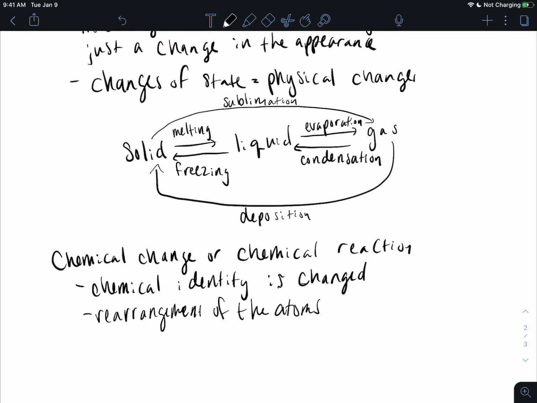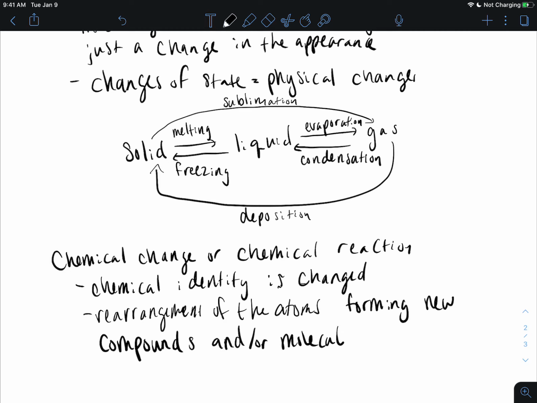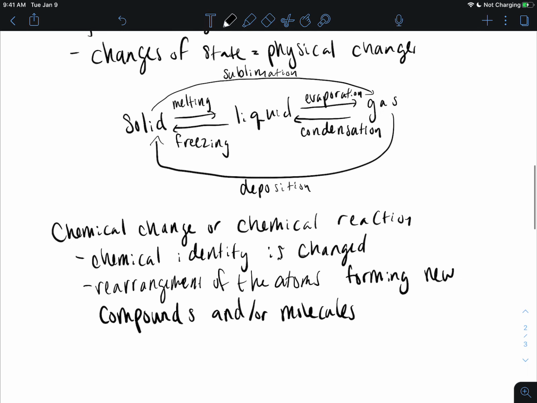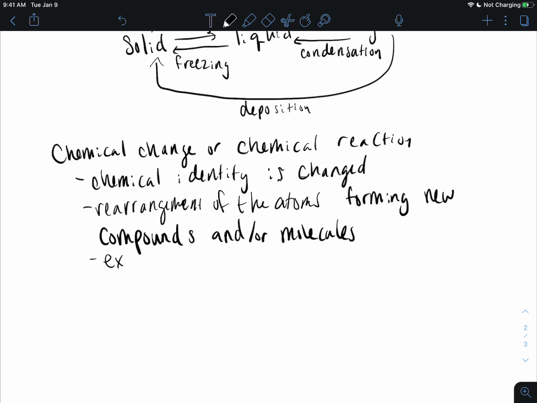And during this rearrangement of the atoms, we form new compounds or molecules. An example of this might be the burning of methane, or any combustion reaction.